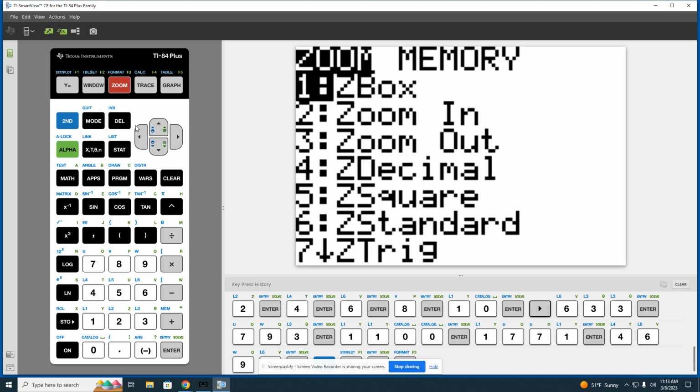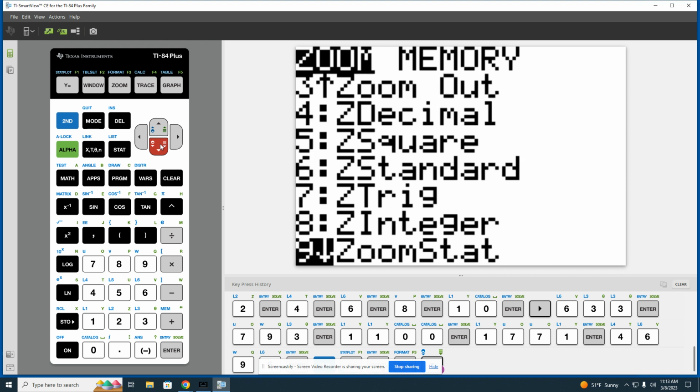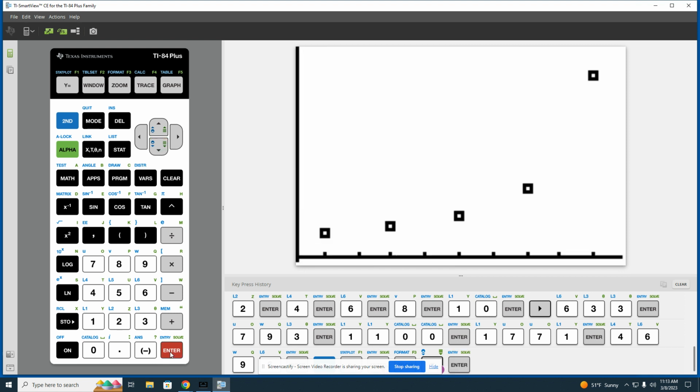Zoom stat, number 9. Enter. And there we have it. So guys, if you look at your list, what does this look mostly like? I agree. So what are we going to run? We're going to run an exponential regression. So let's do that. Where do I go?